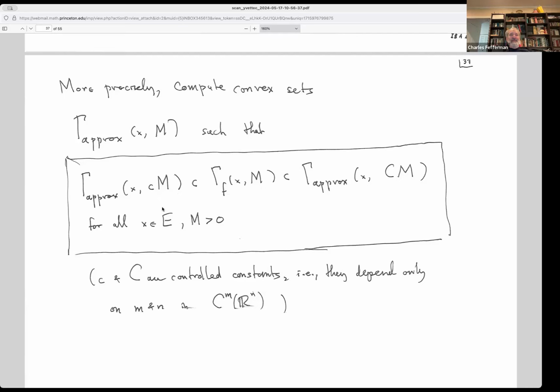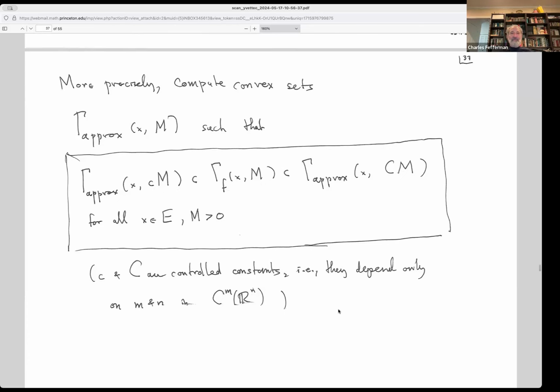And these C and C are supposed to be controlled constants, which means in this setting that they depend only on little m and little n in the specification of the Banach space Cm of Rn. Okay, so that's what we want to do, and if we can do that, we're in very good shape.